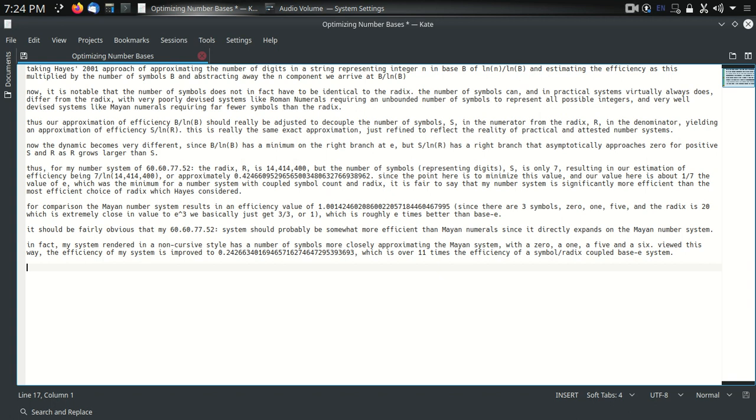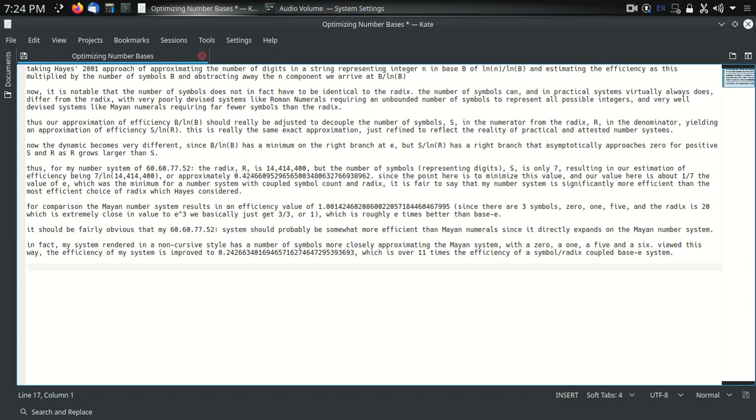So we've got 4 symbols, 4 digits, and we're still going to be dividing that by the ln of 14,414,400, which is a little over 16. So that gives us just under a quarter, right, of our approximation for efficiency.